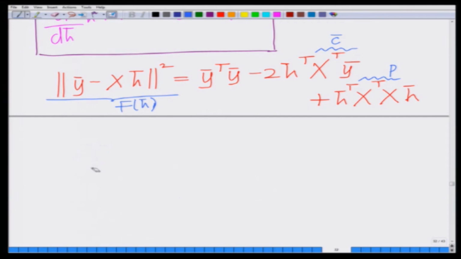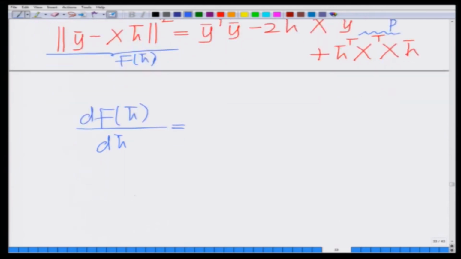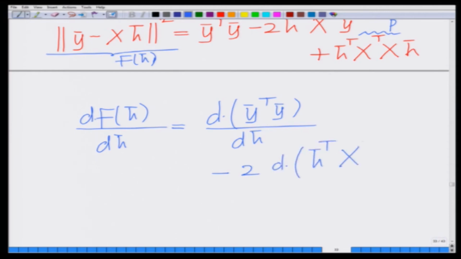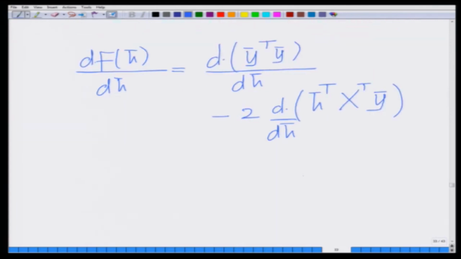So, df of H bar, where f is your least squares cost function, df of H bar with respect to dH bar is equal to, well, I have d of y bar transpose y bar with respect to H bar minus twice d of H bar transpose x transpose y bar with respect to dH bar plus the derivative of H bar transpose x transpose x H bar with respect to H bar.